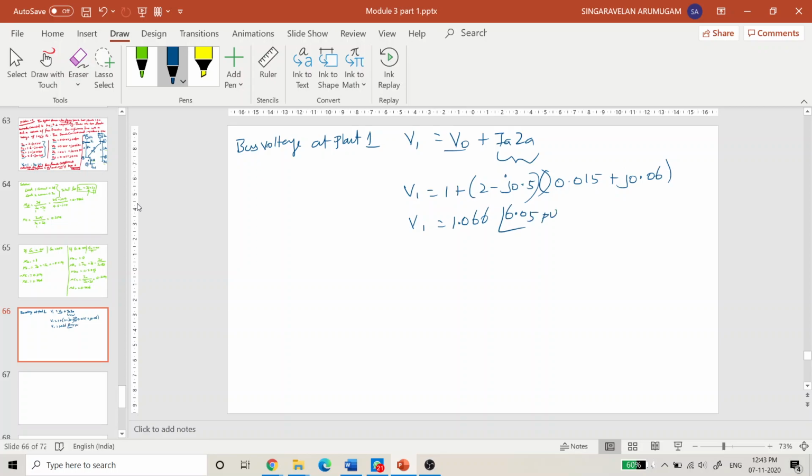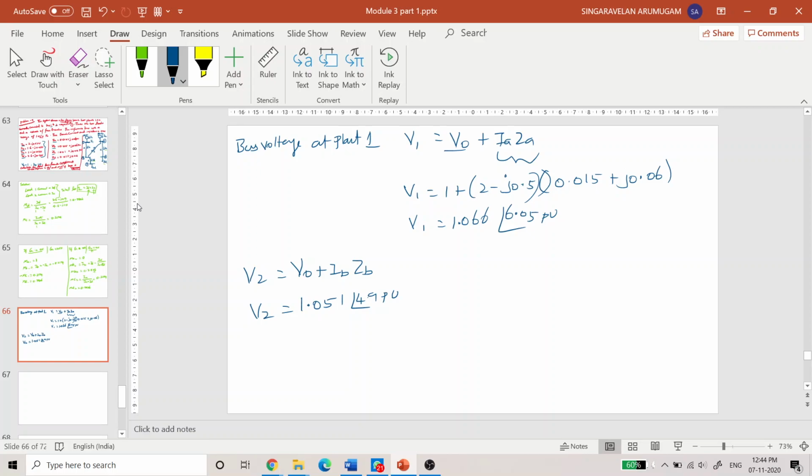So we got the del 1 and V1 value here. Similarly, if you find V2, it is V0 plus IB ZB, and if you substitute the values and solve, you will get V2 value equal to 1 plus 0.51 angle of 4.9 per unit.